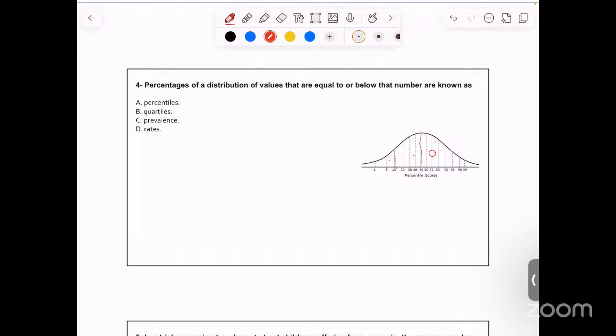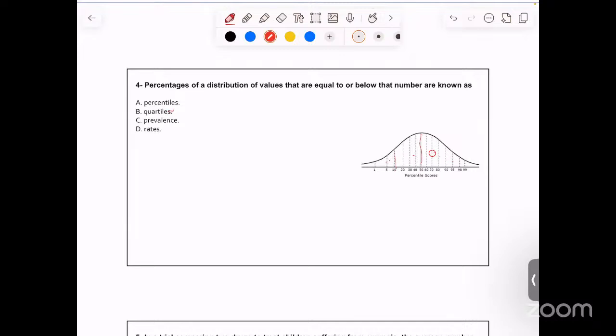So if I call it quartile, it means I have the data and I divide it into 4 equal parts: first quartile, second quartile, third quartile, and fourth quartile. Then I have divided it into quarters. So this is called the quartiles.